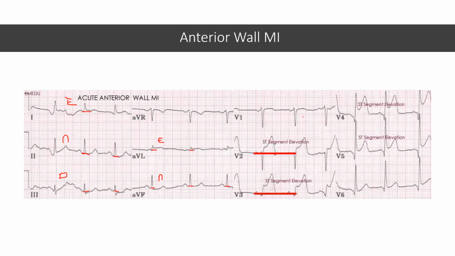How about V1? V1, normal. Okay. How about V2? There's ST segment elevation, isn't it? ST segment elevation in V3 as well. Why is this going to be significant?